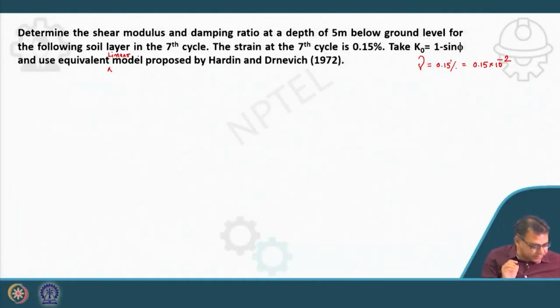So first let me write those expressions. What are the things I have to determine? I have written that G is equal to G max by 1 plus strain H, and this is for modulus.